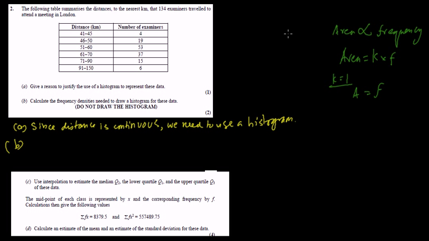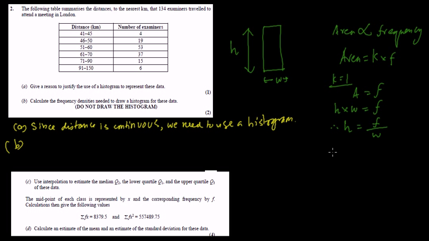If this is part of a histogram, in geometric terms this is the height of the rectangle, and this is the width, how wide it is. So area of a rectangle is length into breadth, so this area can be written as height multiplied by the width, equals frequency. So we can say the height of the histogram is equal to the frequency, meaning the area, divided by the width.